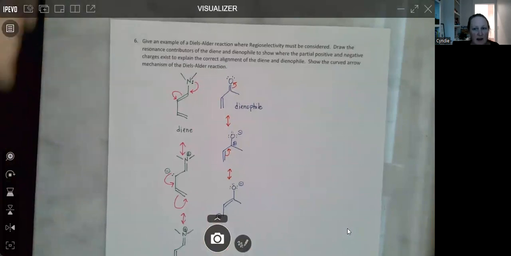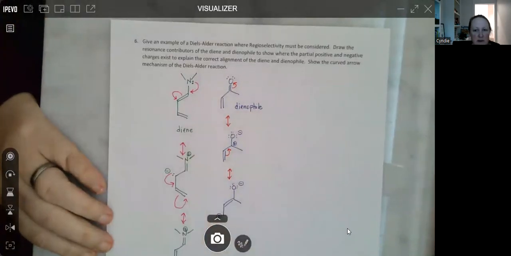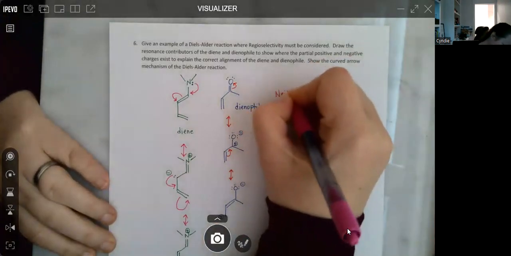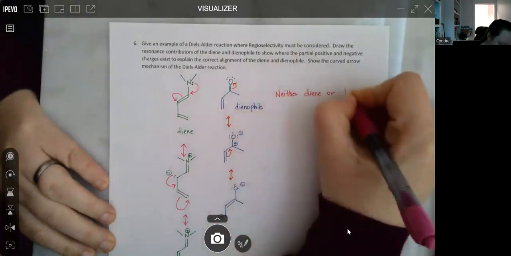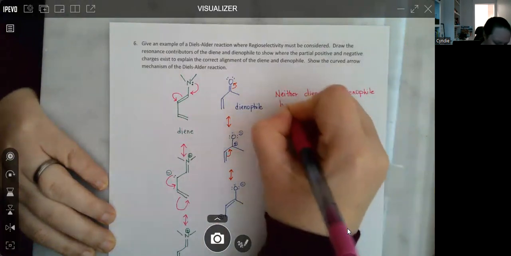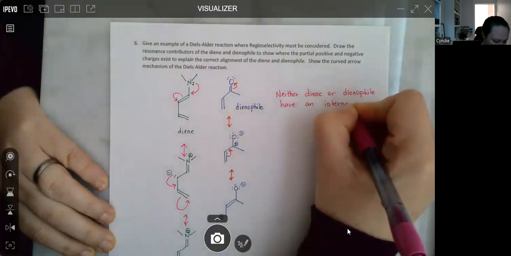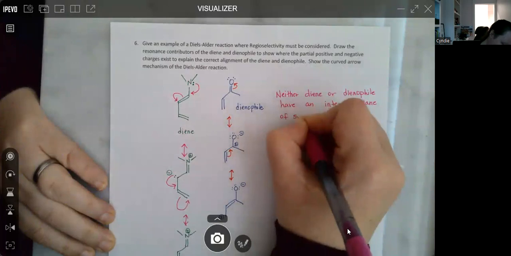Okay, let's see if we answered all the questions. We didn't answer why this is a case where regioselectivity must be considered. So we'll say neither the diene nor the dienophile has an internal plane of symmetry.